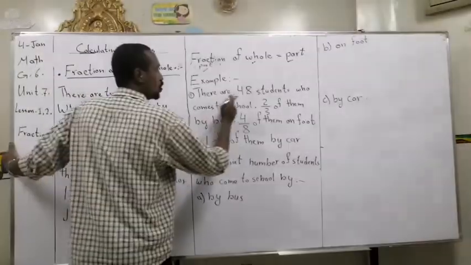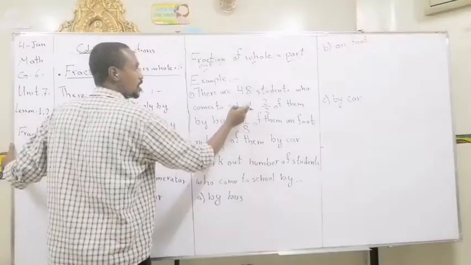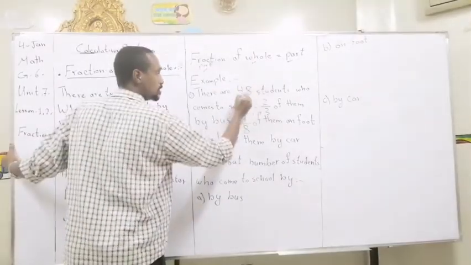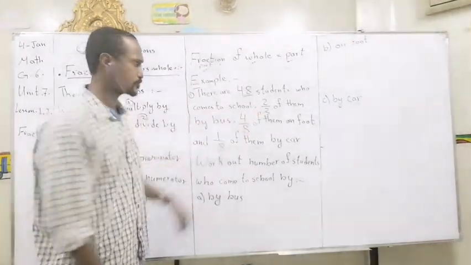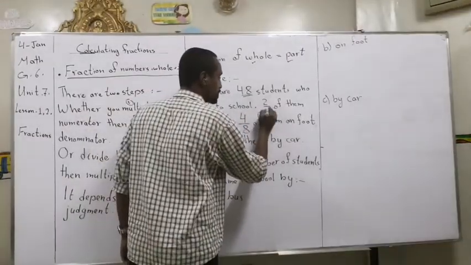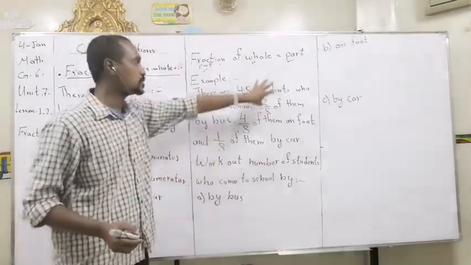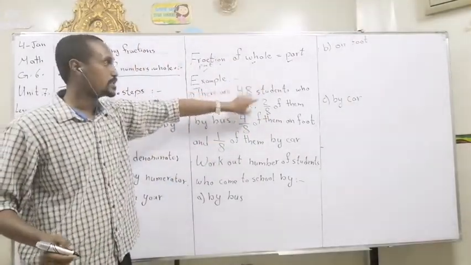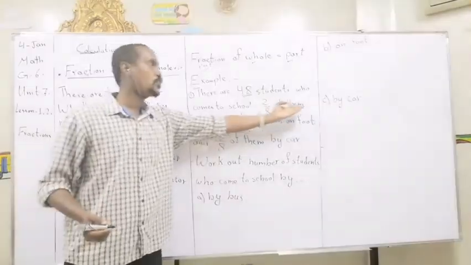Let's see how it is. There are 48 students who come to school. In the school there are 48 students. 2 over 8 of them come by bus. That means all the students are 48, and some of them, 2 over 8 of them, that means 2 over 8 of 48.